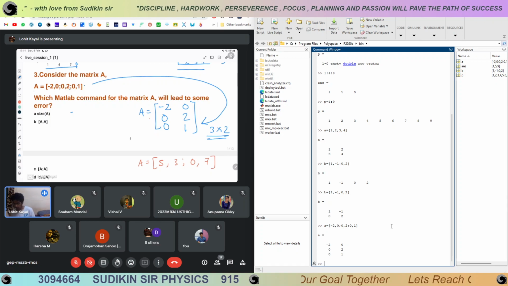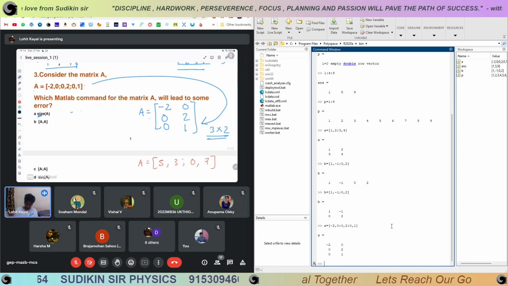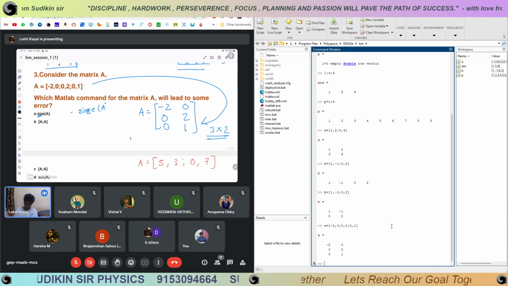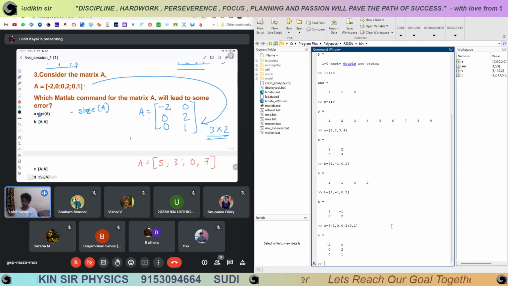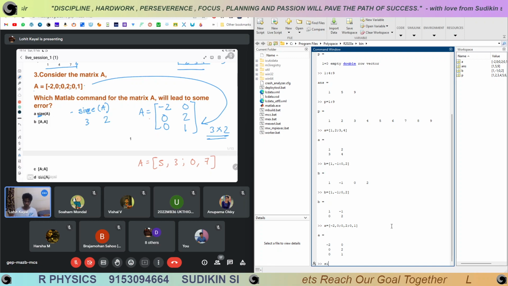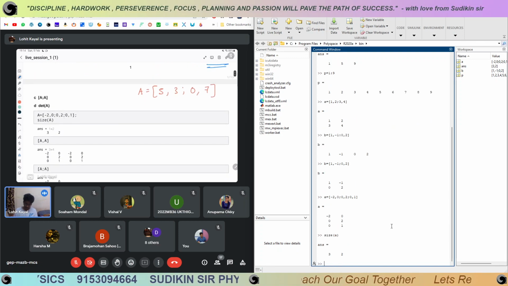Now this command, size. If you just write size of A, it will give you 3 space 2. Here I have written that size of A is 3 space 2.